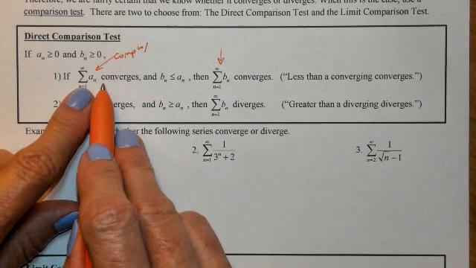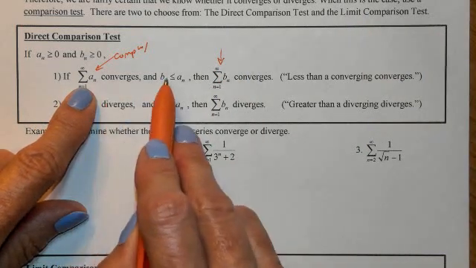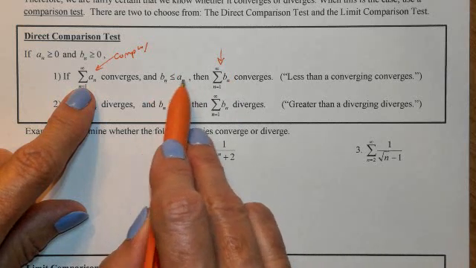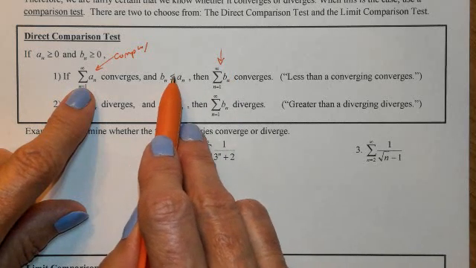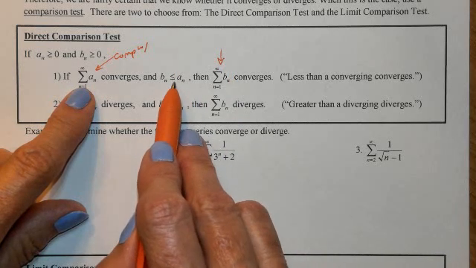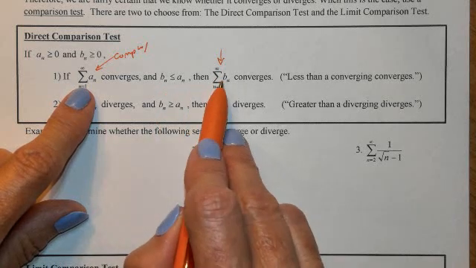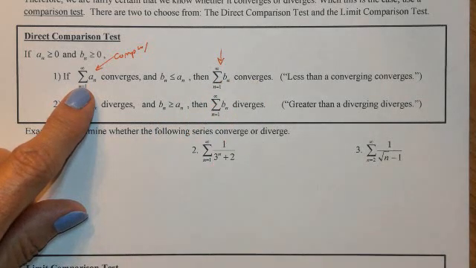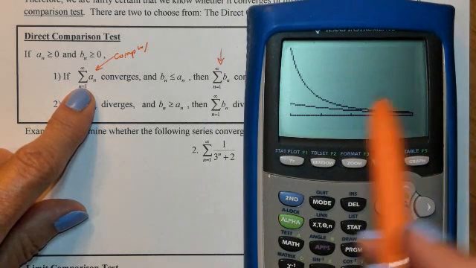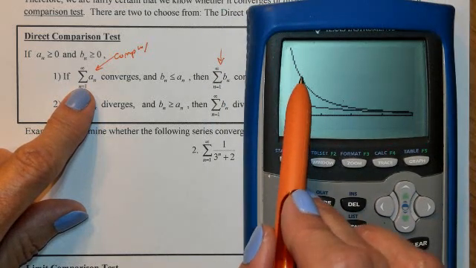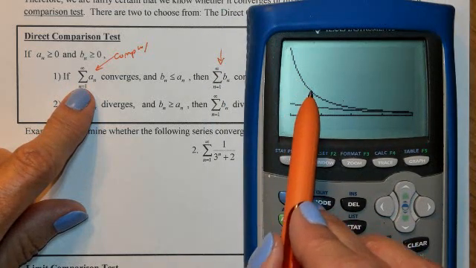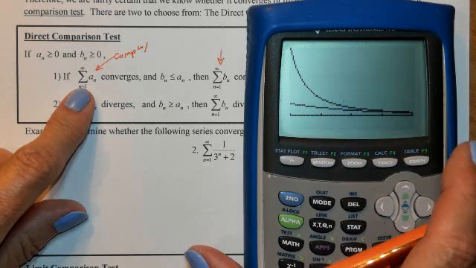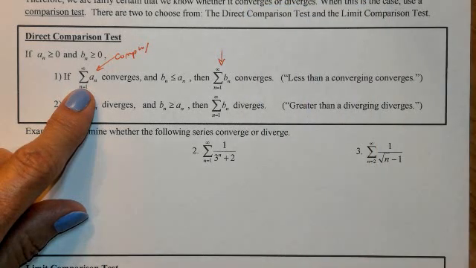If this converges, and if every B sub n is less than or equal to every A sub n, then B sub n must converge as well. That's what we saw in this graph. If every B sub n is less than every A sub n, then the series B sub n must converge as well. Okay?